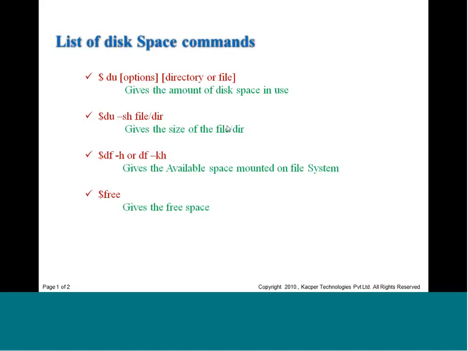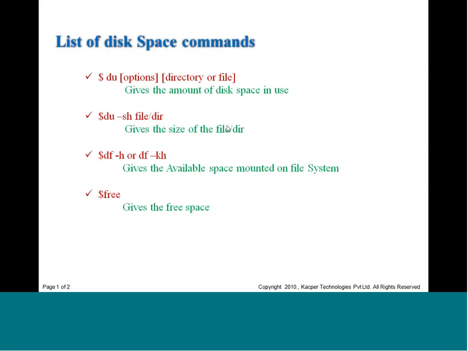So du is more about the particular file or directory itself, as to how much space is being used by that directory. Whereas df will give you more information regarding the whole disk itself, as to what is the available space, where it is mounted, and things like that.